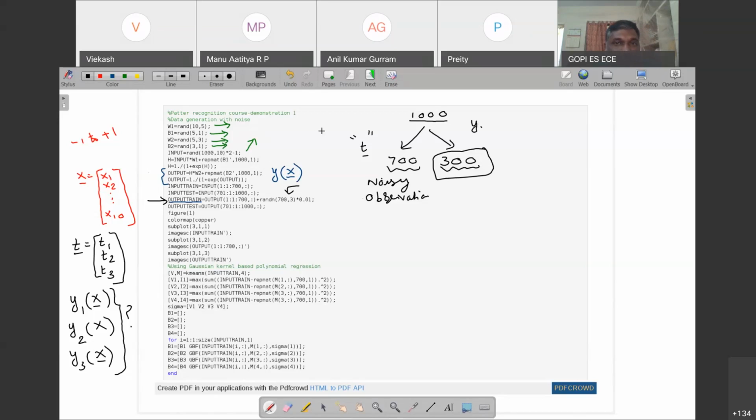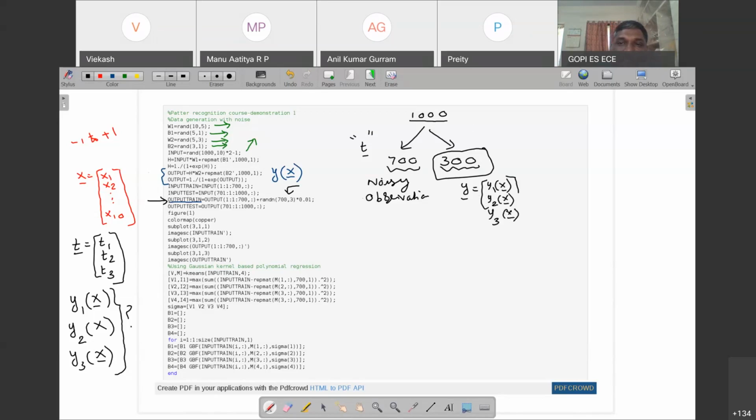I will write that vector as y. The y vector is basically y1 of x, y2 of x, and y3 of x.